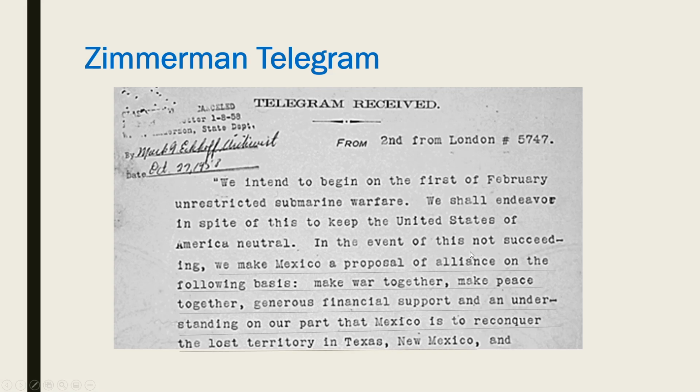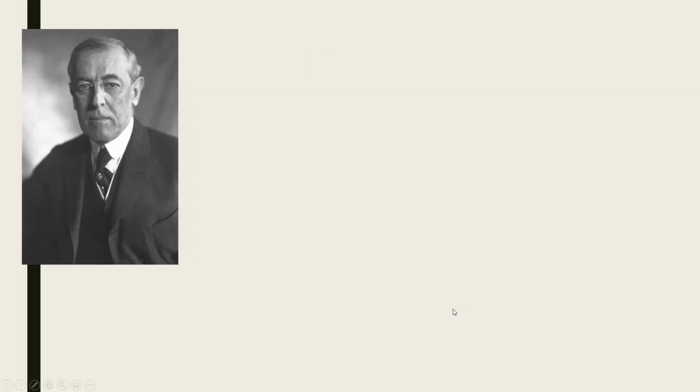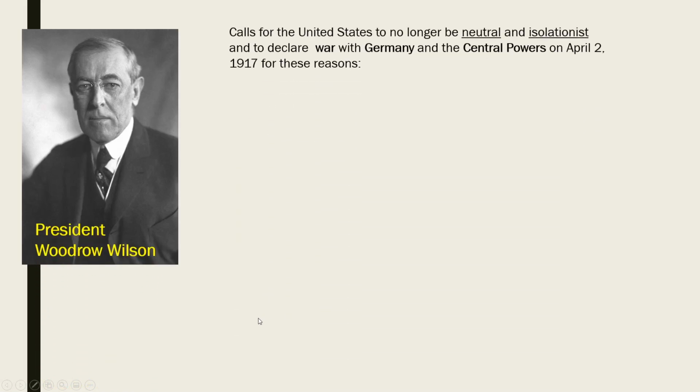In the event of this not succeeding, we make Mexico a proposal of alliance on the following basis: make war together, make peace together, generous financial support and an understanding on the part of Mexico that it is to reconquer the lost territory in Texas, New Mexico, and Arizona, as it would say. So, by 1917, the United States will join World War I, and Woodrow Wilson will have Congress declare war on them.